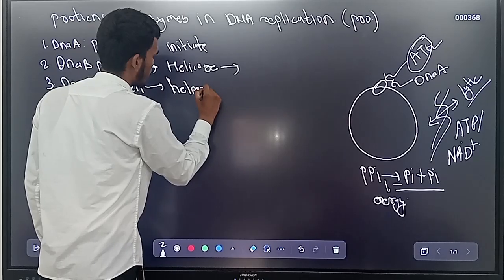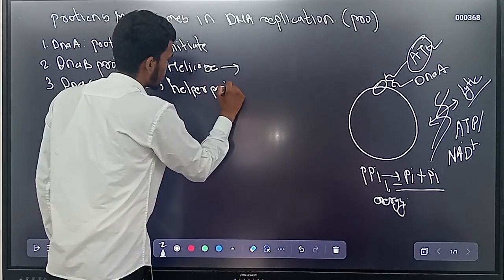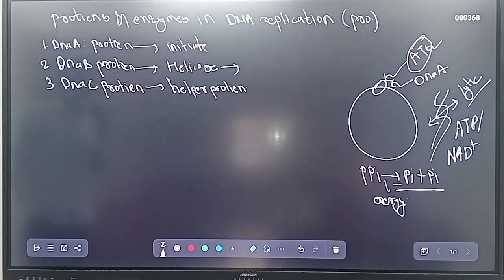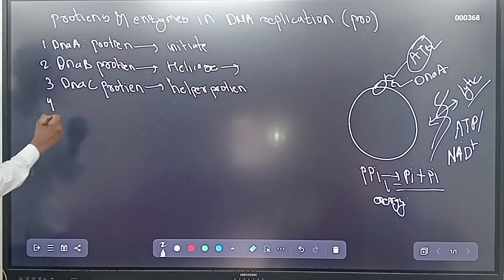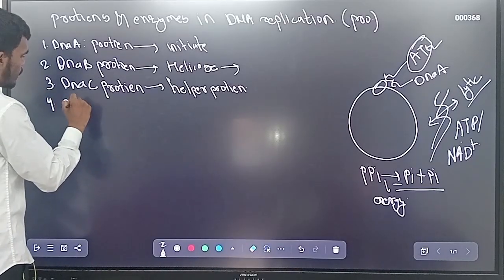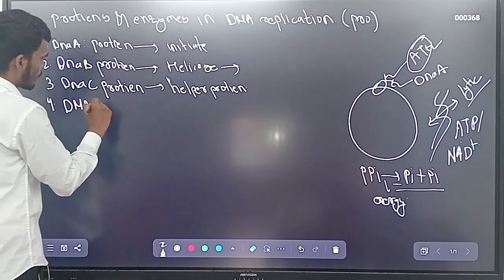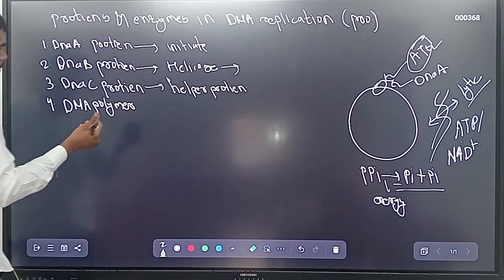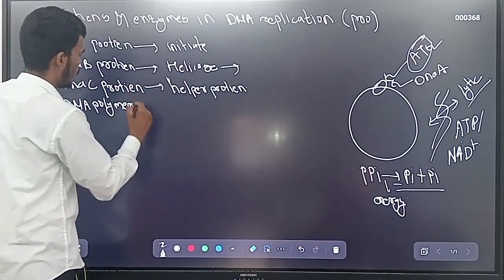Two phosphates will be formed from a pyrophosphate, and energy will be released, and this energy will be used by our lytic-natured protein or enzyme, which is DnaB.